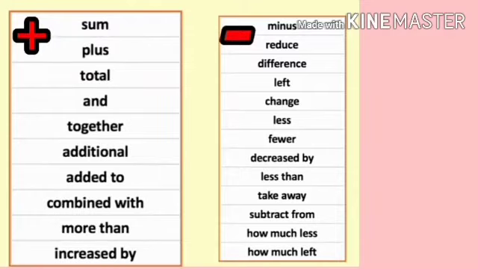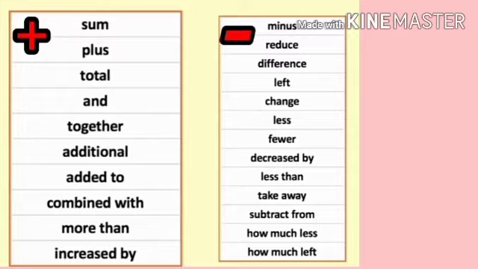Friends, now let's recall the words commonly used to represent the operations of addition, subtraction, multiplication, division, equal to sign, and so on. The skill of translating a verbal statement to an algebraic equation requires an understanding of the words that are commonly used to represent mathematical operations.